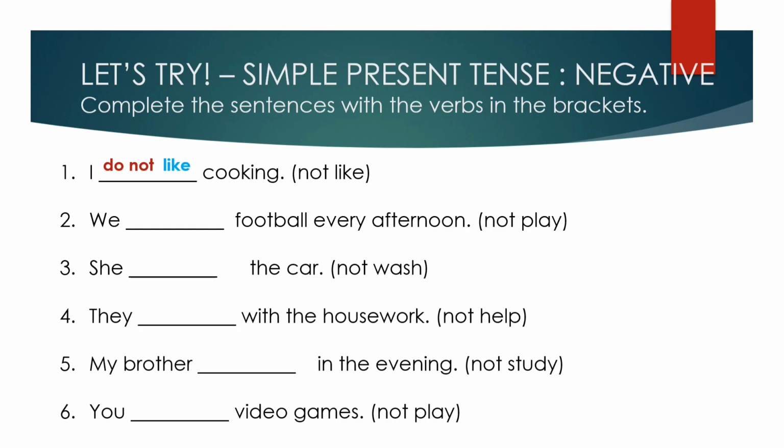Okay, number 2. We football every afternoon. In bracket, not play. Is it we do not play football every afternoon or we does not play football every afternoon? Which one is correct? Yes, the answer is we do not play football every afternoon.